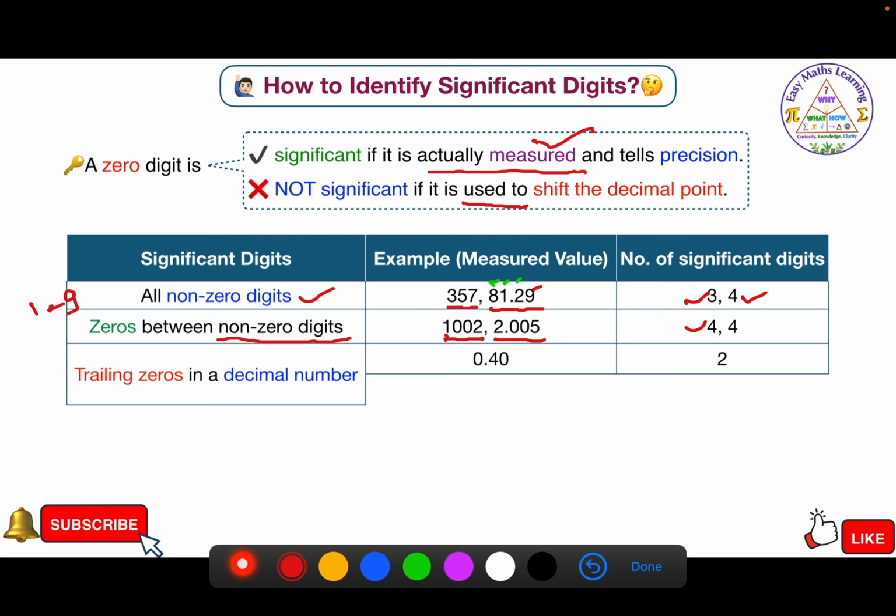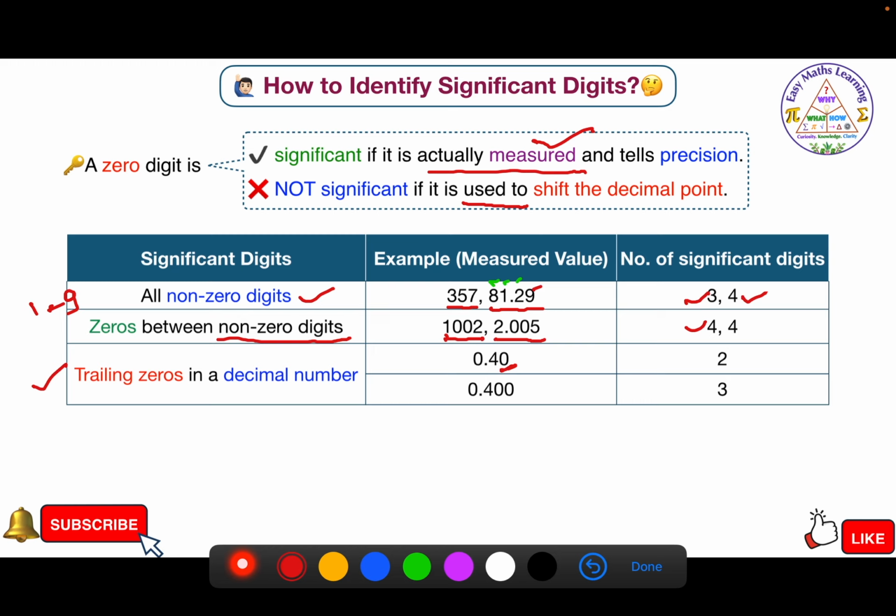Now the third point is that trailing zeros in a decimal number are significant. Zeros at the end of a decimal number are significant because they indicate the precision of the measurement. So in this example, in 0.40, this zero is a trailing zero.